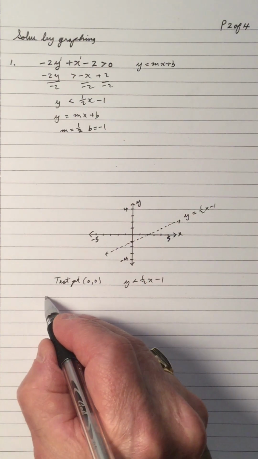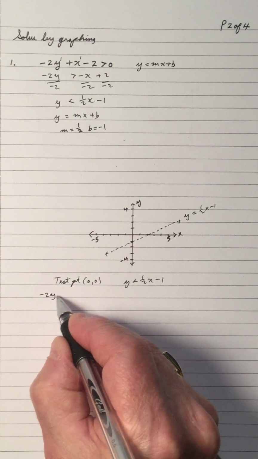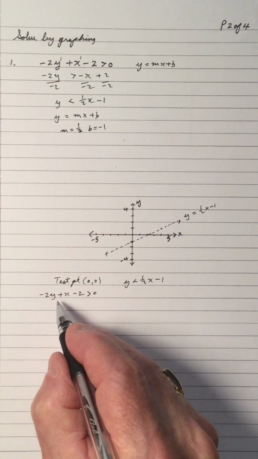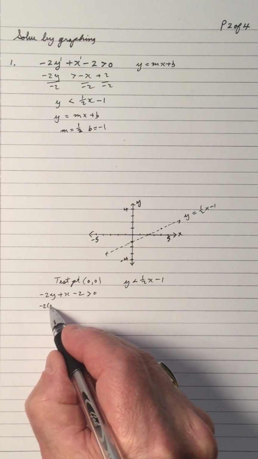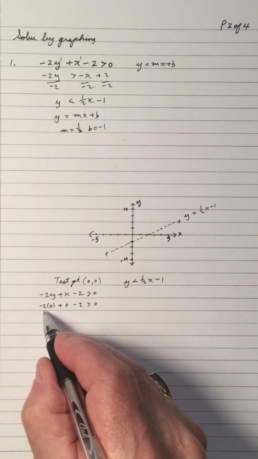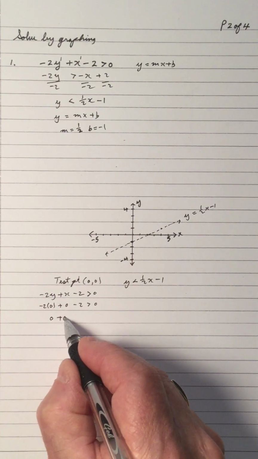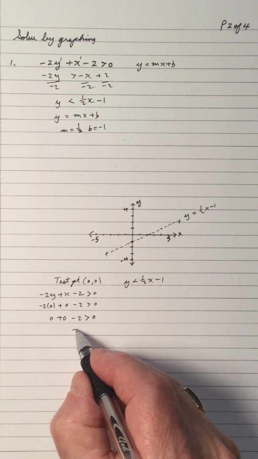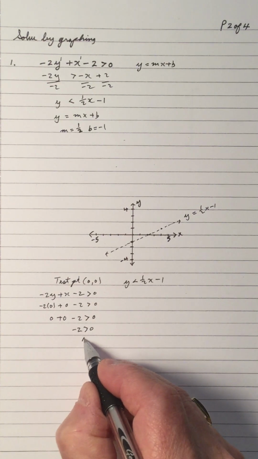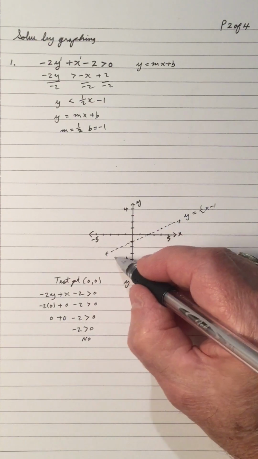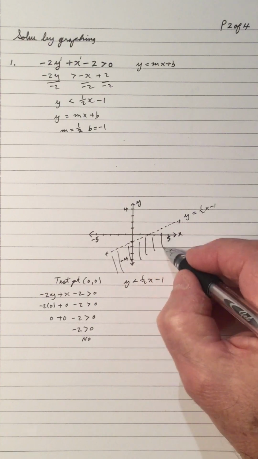Or we probably should go back to the original, because there could be an error. So let's put y is 0 and x is 0 in this inequality. So that's 0 plus 0 minus 2 is greater than 0. So negative 2 is greater than 0. That's a no. So this point, we do not shade on this side, we shade down here.